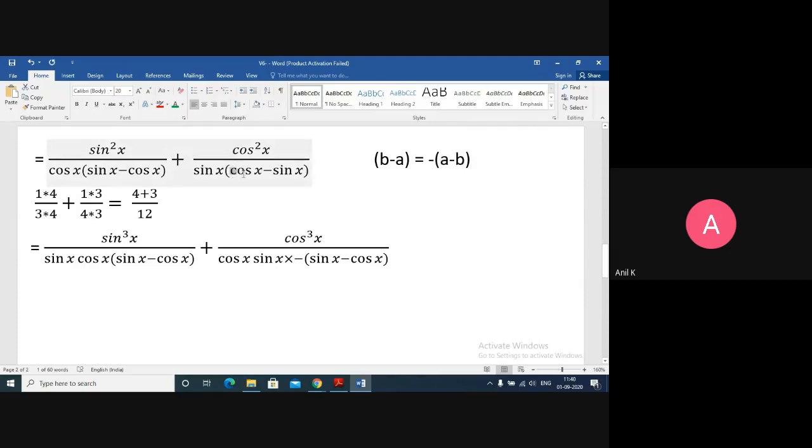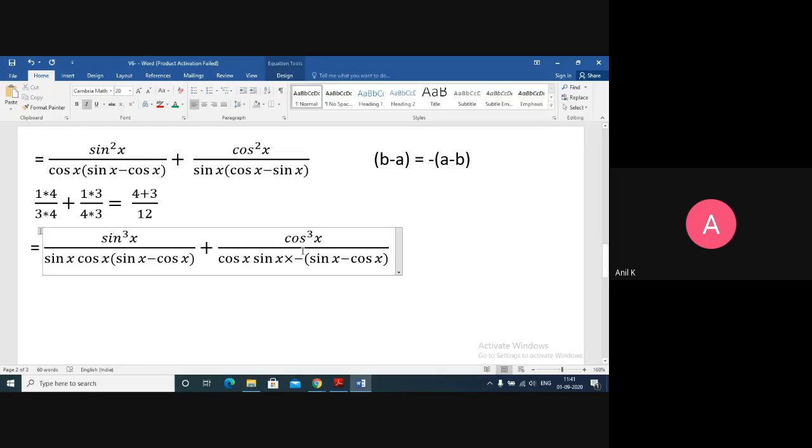So cos minus sin, I have written as minus of sin minus cos. Is that clear now? Now you can see both fractions have the same denominator, sin cos, sin minus cos, and sin cos, sin minus cos. This is how I managed to make the denominators the same.